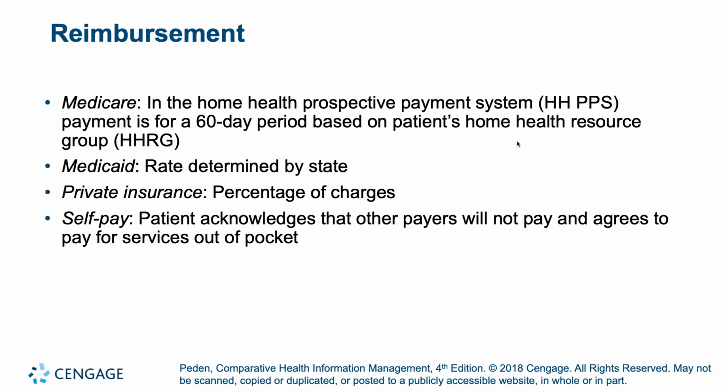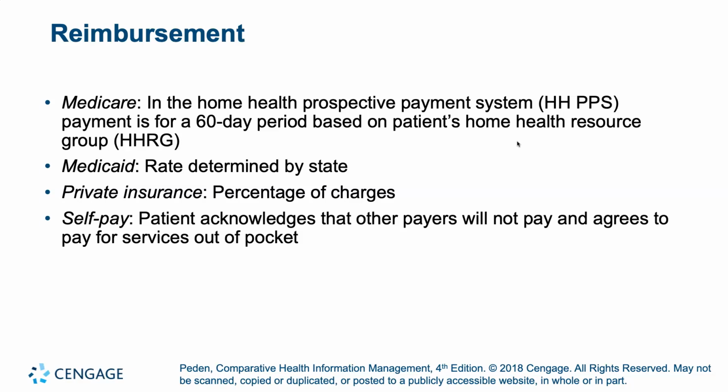In Medicare's home health prospective payment system, payment is for a 60-day period based on the patient's home health resource group, HHRG. And we're studying this week in HIT 3, hang on, 292.